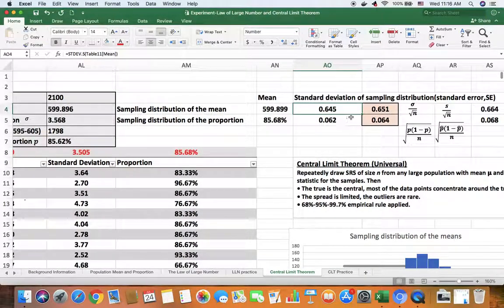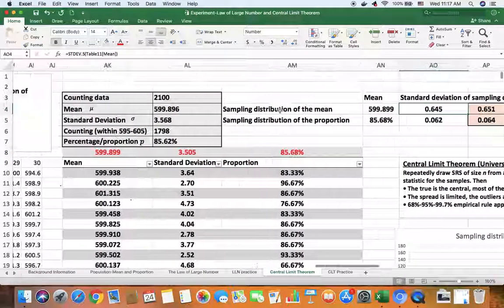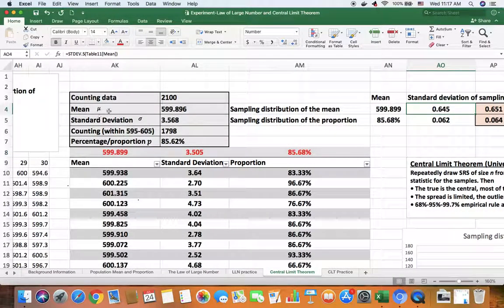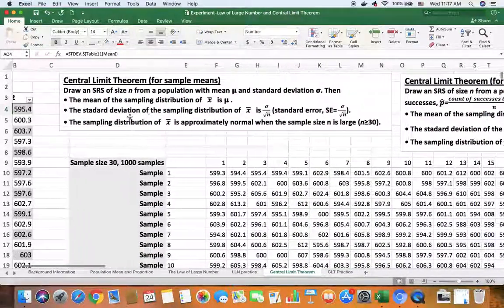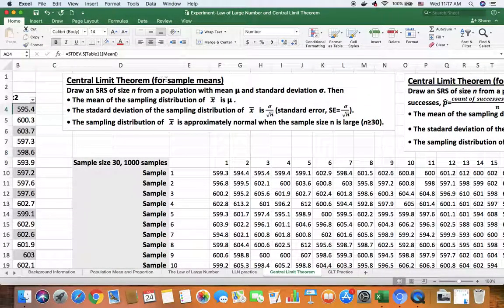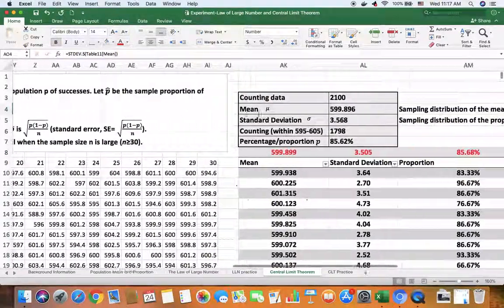And now we quantify these two values and their relationship with the population mean and standard deviation. This is the central limit theorem for sample means. You can just read through it.